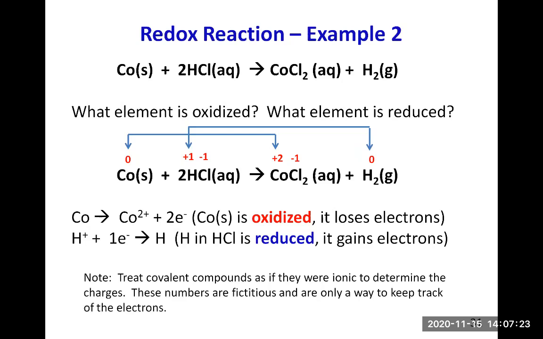But for covalent compounds, you take the formula as if they were ionic and find out their charge this way. However, these numbers are fictitious. They are only a way to keep track of the electrons, right? Except for acids in this case, HCl is an acid and it will behave as if it was ionic when it's in solution. It will give away H+ ions and Cl- ions.